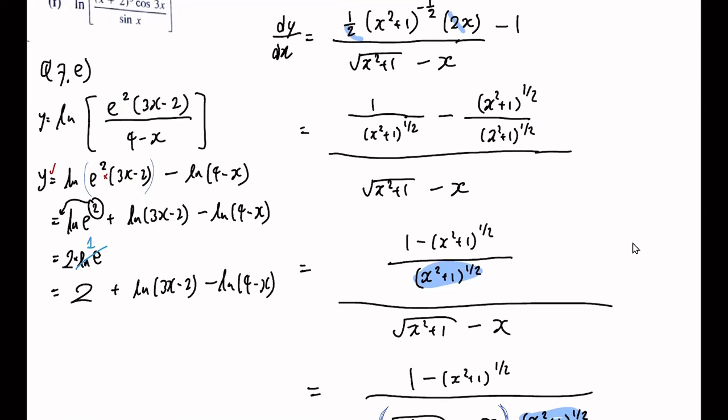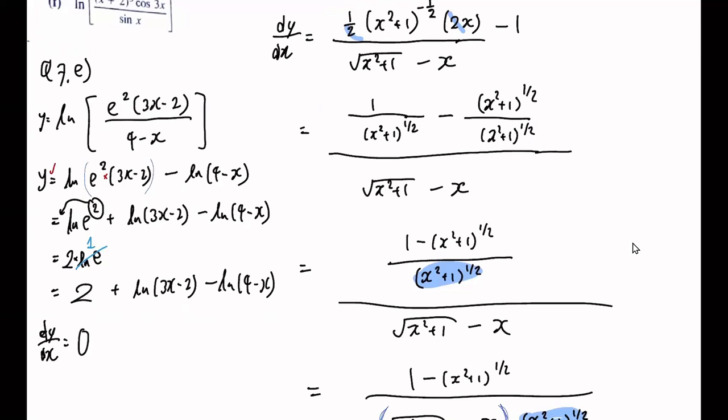Wow, so simple now. How to find dy by dx? Differentiate term by term. Differentiate 2, what do you get? You get 0. Very good.